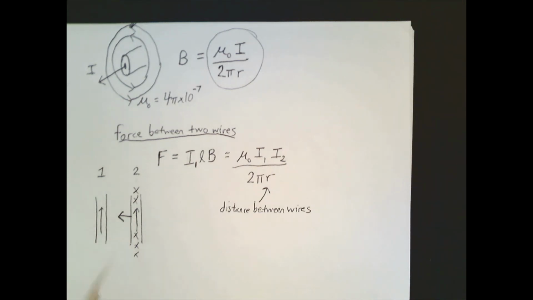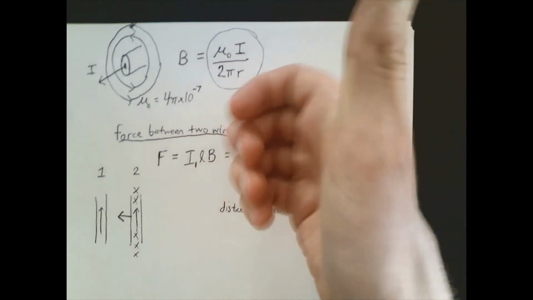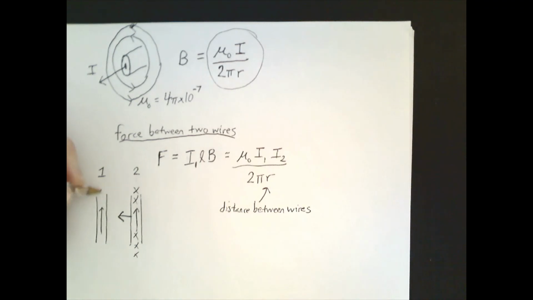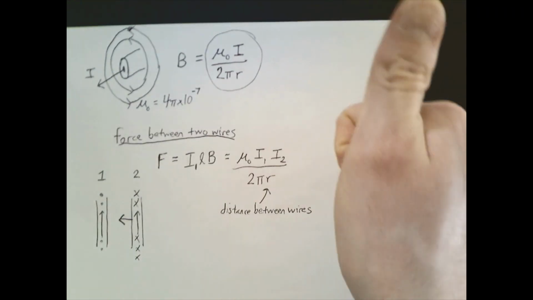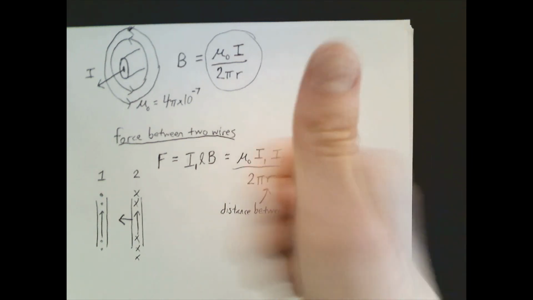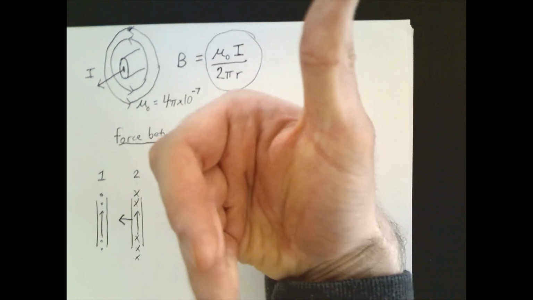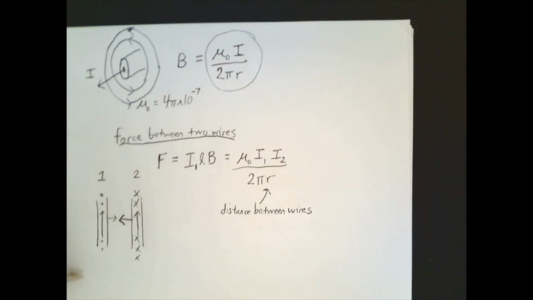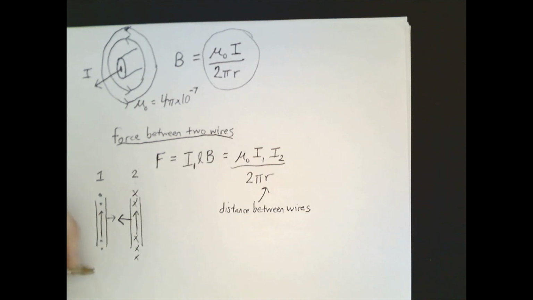Well, I do my field right-hand rule, and I get that the field is going out of the page. Wire's going up. To go out of the page, I have to contort my hand all the way this way, and my palm points to the right. So here we have wires in the same direction.